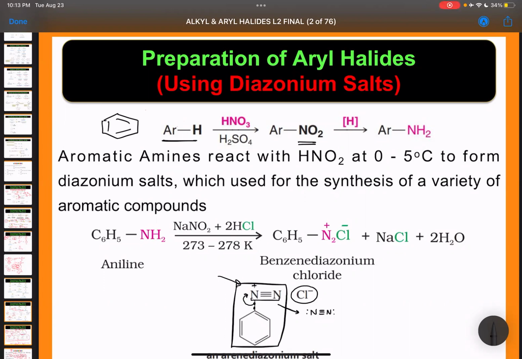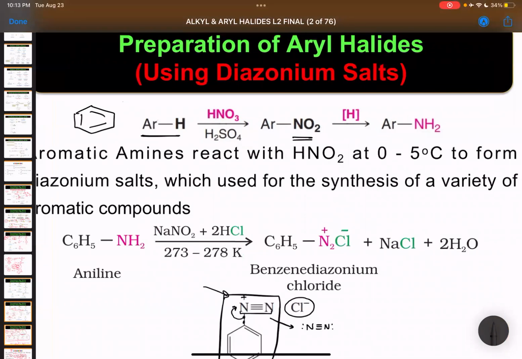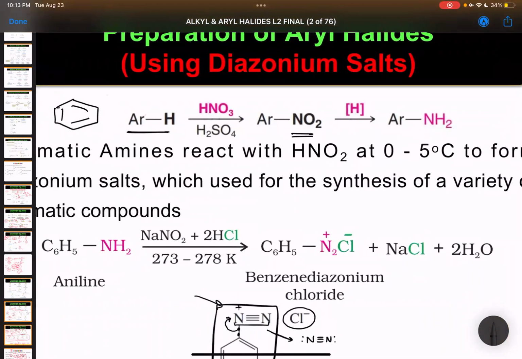That's a general way of attaching an electrophile, which we discussed by attaching Cl plus and Br plus. They were generated with the help of a Lewis acid. But how will NO2 plus get generated? You need to take some reagent which has NO2 in it and which is easily available in the lab. And all the labs have nitric acid.